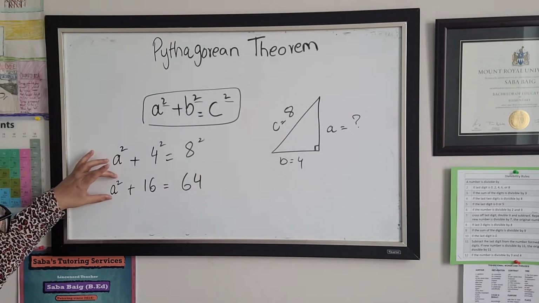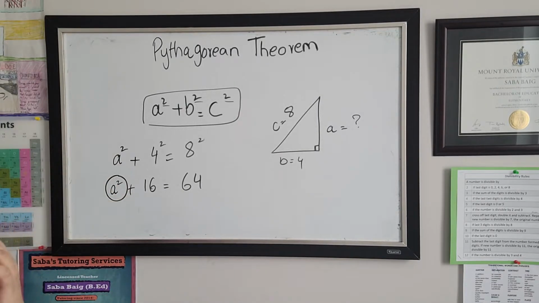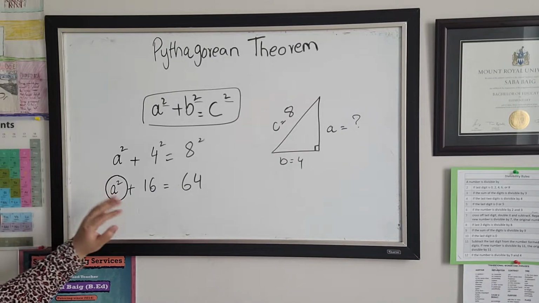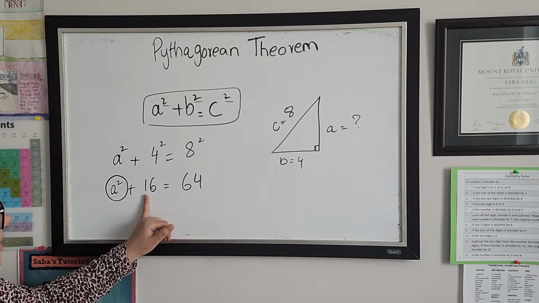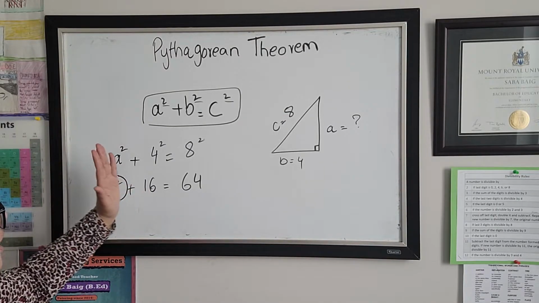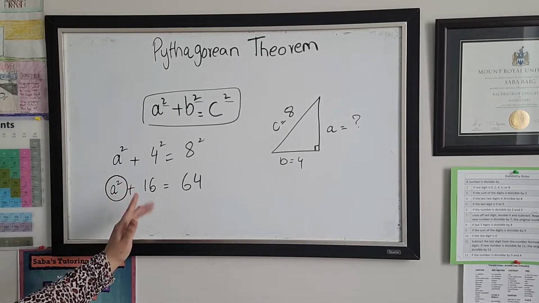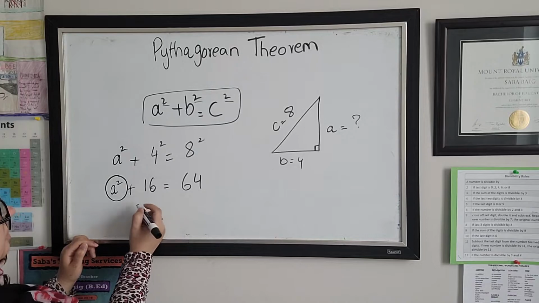Okay, now since I have to find this A, I have to isolate it. So what I'm going to do is keep taking away the constants. The numbers that can stand by themselves are called constants. Okay, so I'm going to get rid of this. And how do I get rid of these constant values? By doing the opposite.